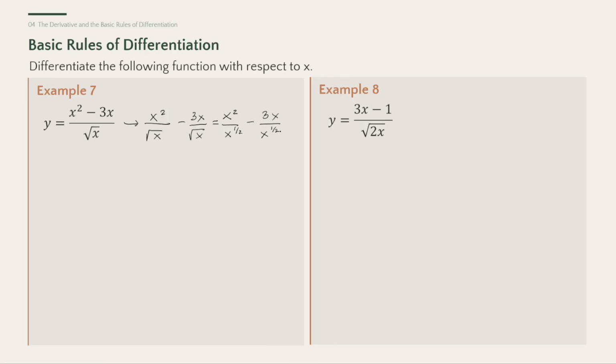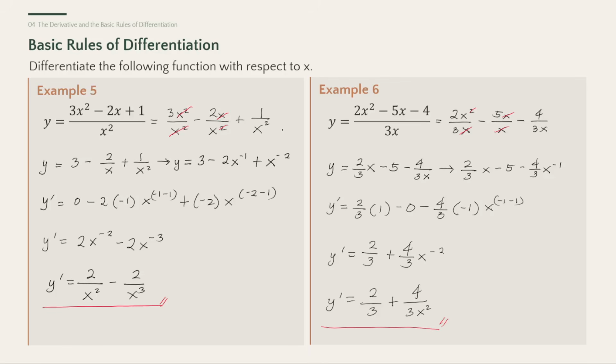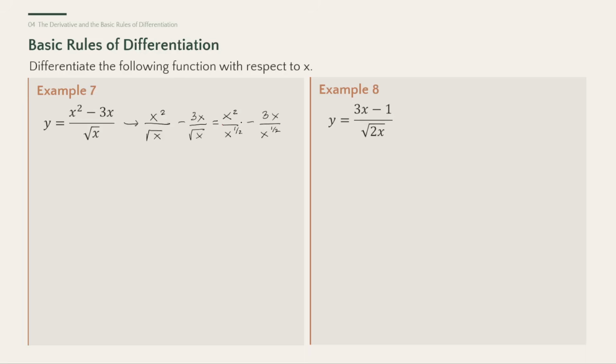Now, unlike the previous examples where we can see directly which term we can cancel, in this example, since the exponents involve a fraction, we need to apply the law of exponents.